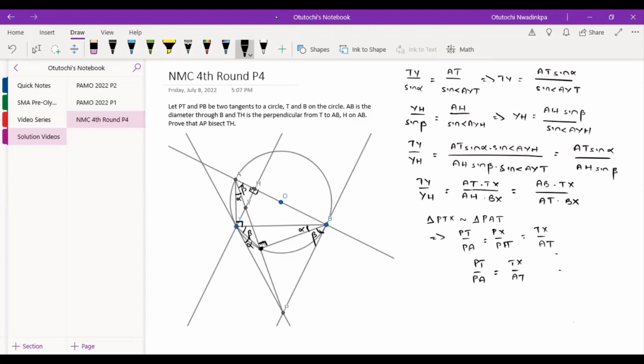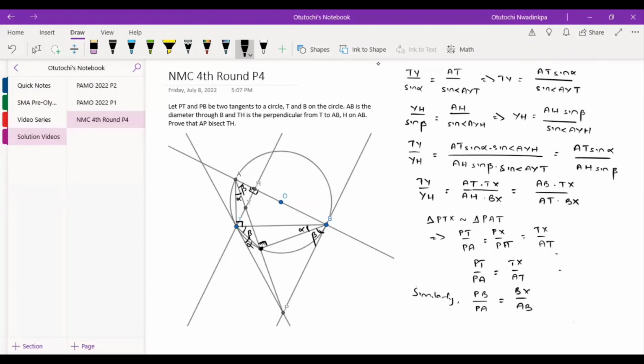So similarly, when we do something similar with triangles BAX and PBA, we'll get PB this time over PA is equal to BX over AB. Now you're basically done, right?